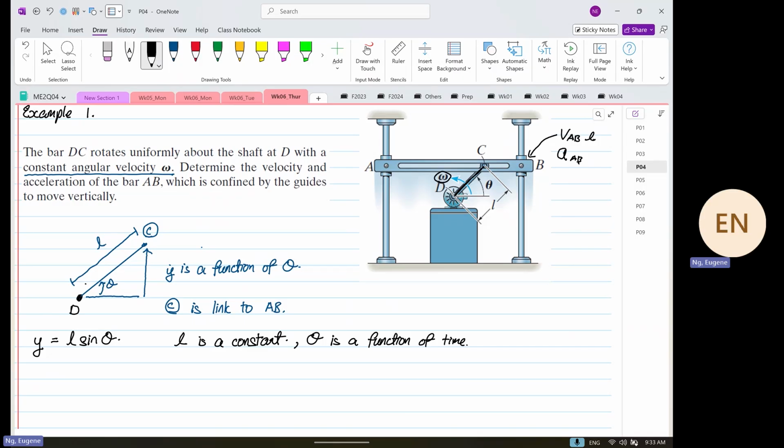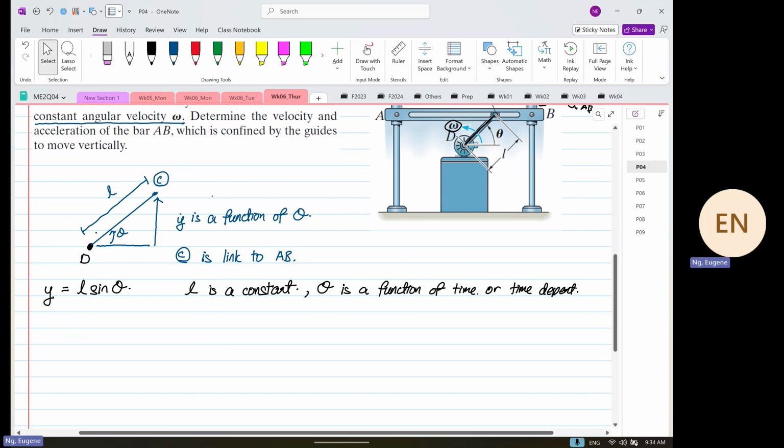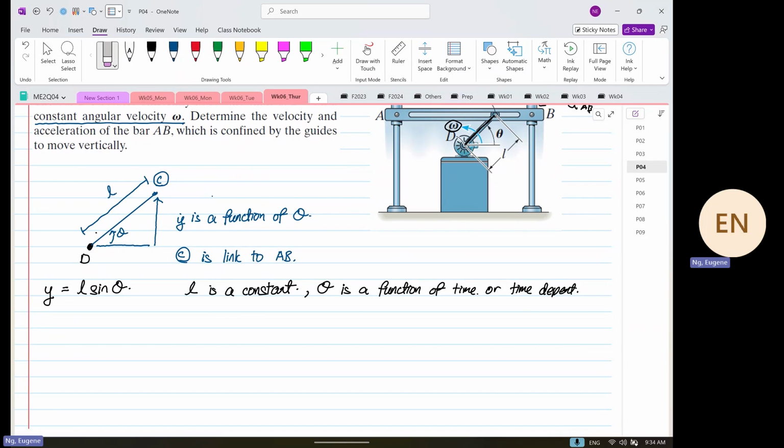Function of time, or time dependent. So when time is equal to 0, theta is at a specific value, and because of omega, it will rotate and theta will change its value. So from here, we are going to do a time derivative. So this is the hardest part.